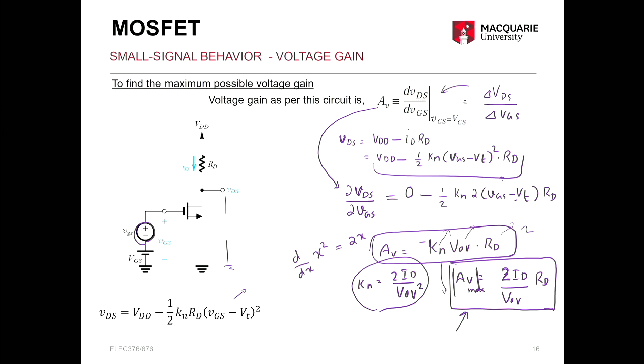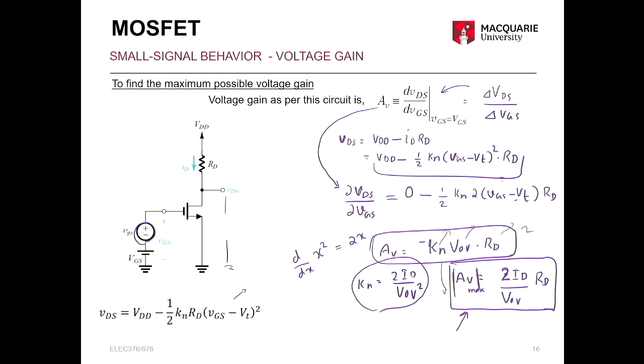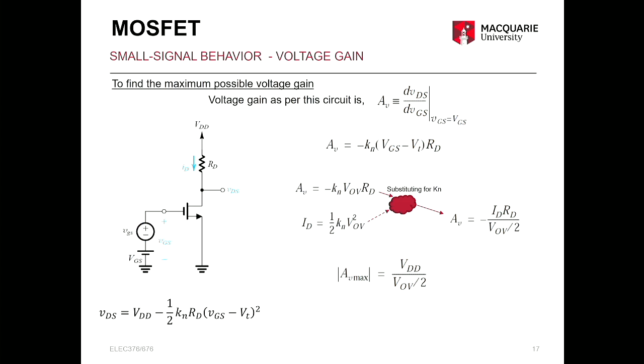Really? This means that if we use that formula, AV should be a constant, then it cannot reach the maximum voltage. Yes, you're right. That doesn't make any sense here. KN VOV RD.